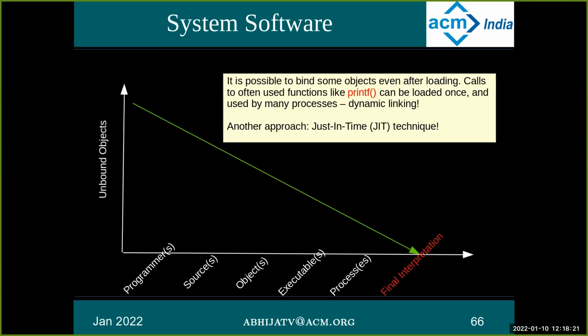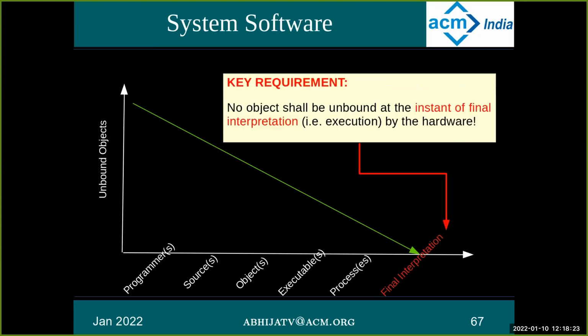But the point I'm making here is this: the key requirement that we have for final interpretation is that no object shall be unbound at the instant of final execution, final interpretation by the hardware. So think of it like this: your binary is now a bunch of opcodes.